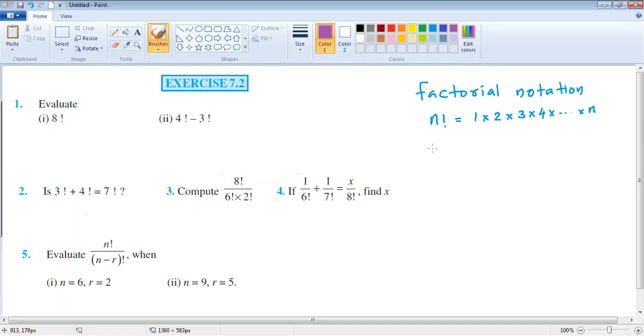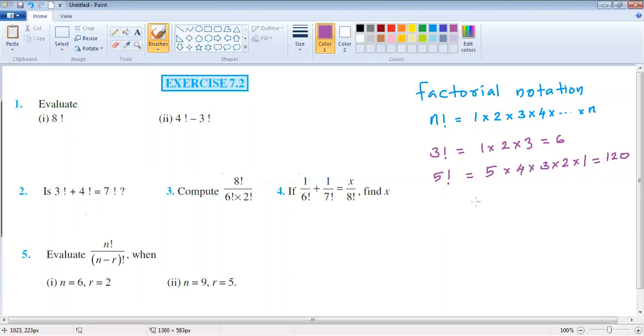For example, 3 factorial is 1 into 2 into 3, which is 6. Or 5 factorial, you can write this as 5 into 4 into 3 into 2 into 1, which is equal to 5 into 4 is 20, 20 into 3 is 60, into 2 is 120. 5 factorial is 120.